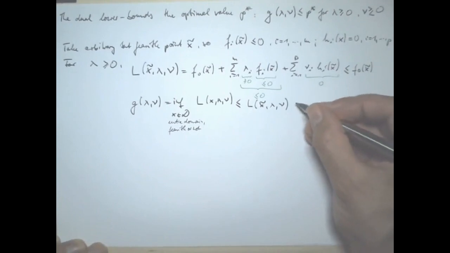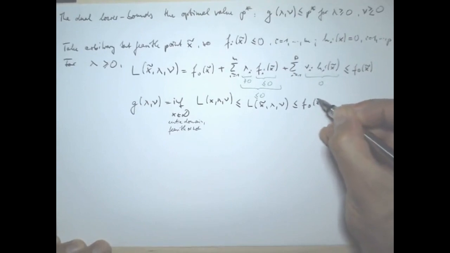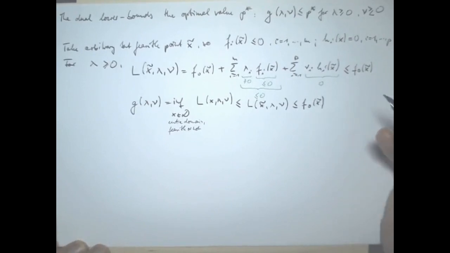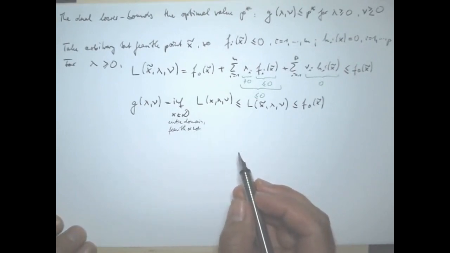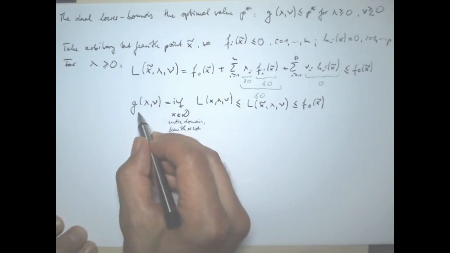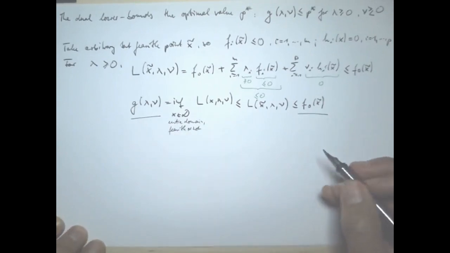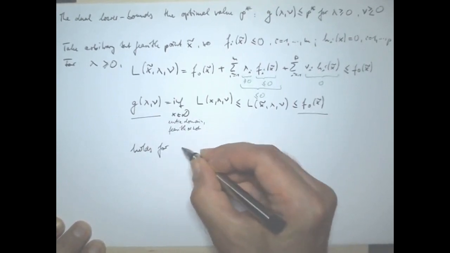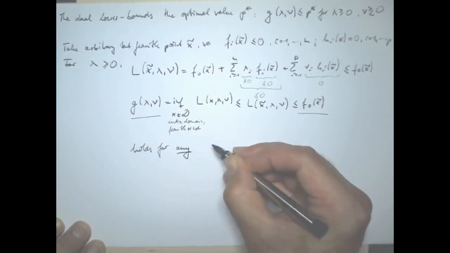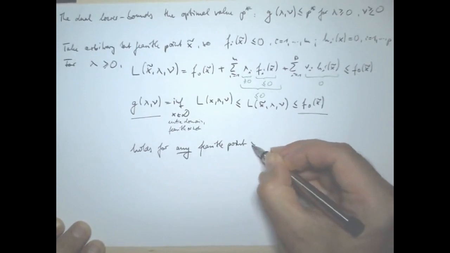And then from the line above, we saw that this is less than or equal to f0 of x tilde. Okay, and so if we look at the left and right hand side, the dual being less than or equal the objective, this holds for any feasible point. Including its optimum.